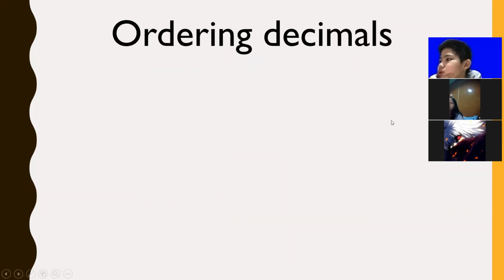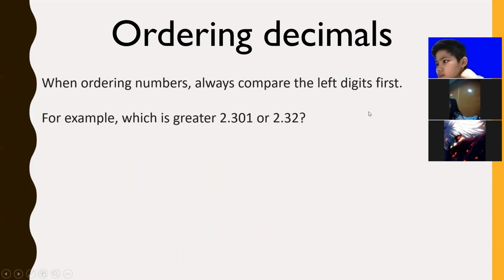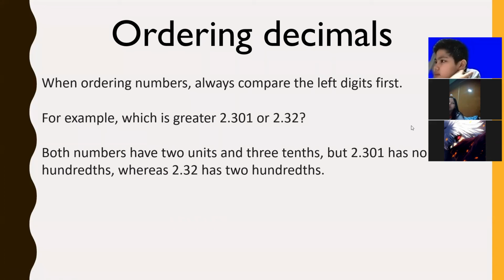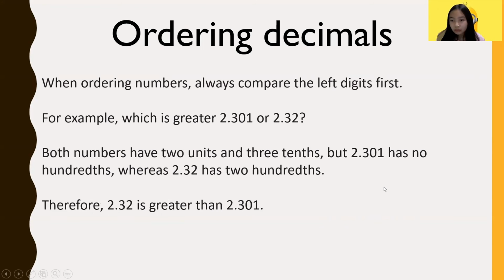Now let's go with ordering decimals. When ordering decimals, always compare the left digit first. For example, which is greater, 2.301 or 2.32? Both numbers have the same 2 units and 3 tenths, but 2.301 has no hundredths, whereas 2.32 has 2 hundredths.